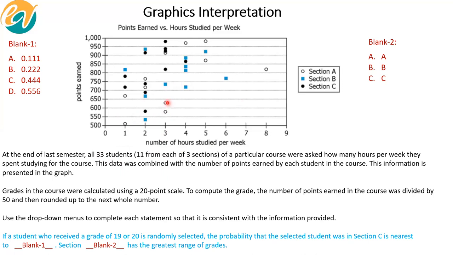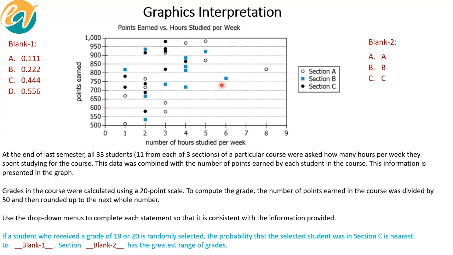This student belonged to section A, studied 3 hours per week, and ended up getting, let's say, around 630 points.